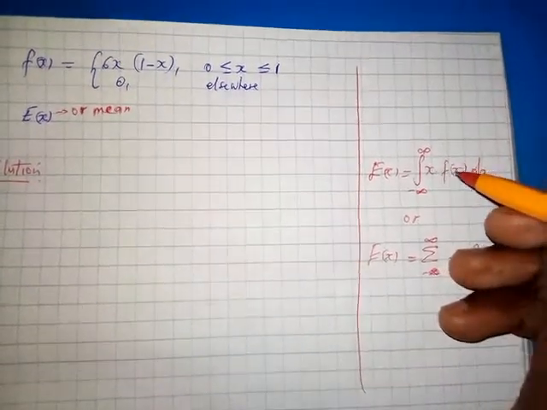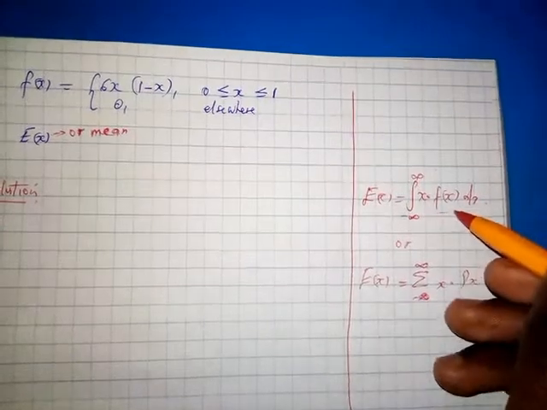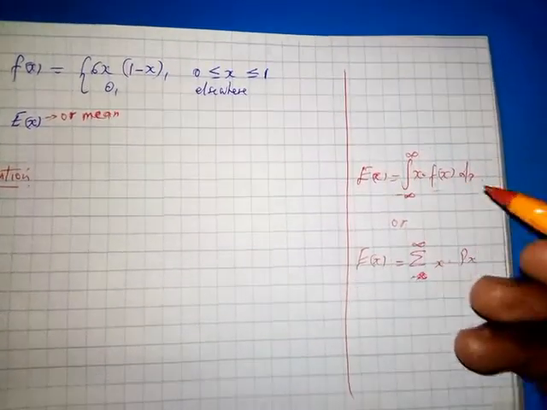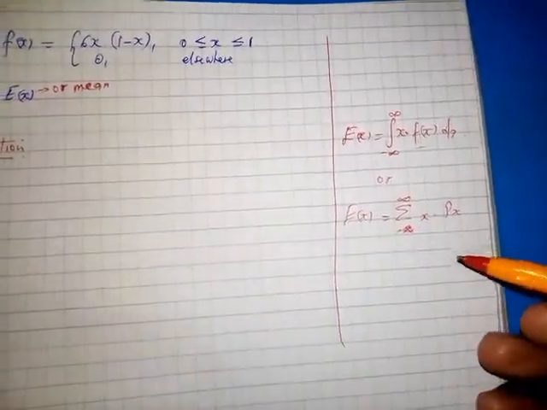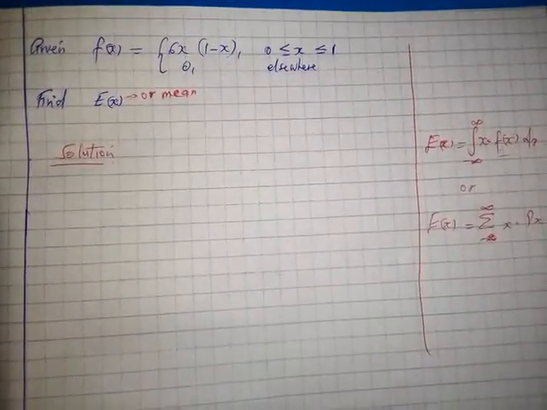They are getting confused, because both are for the expectation of X.